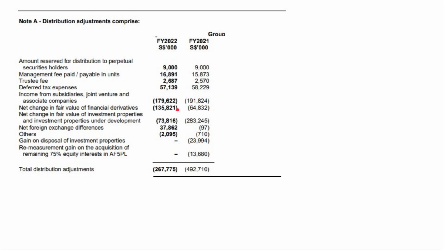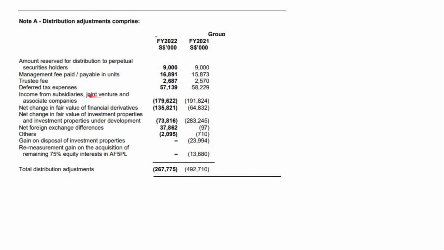And as all this stuff is non-cash in nature, it needs to be reversed out to arrive at the DPU. Similarly, for the investment properties, be it under development or fully completed, all this stuff will have valuation changes year to year, so you need to adjust for it again.